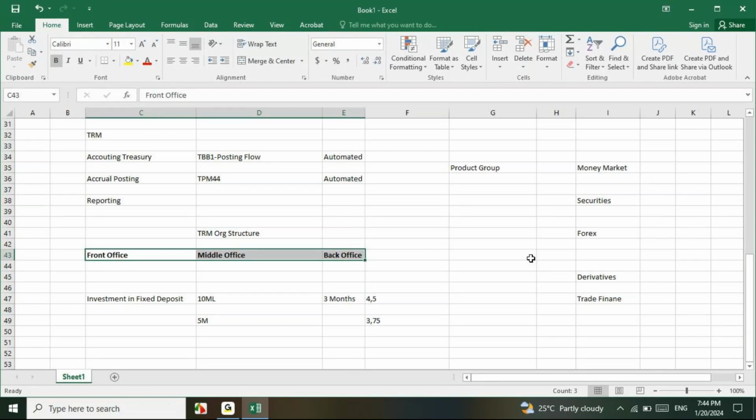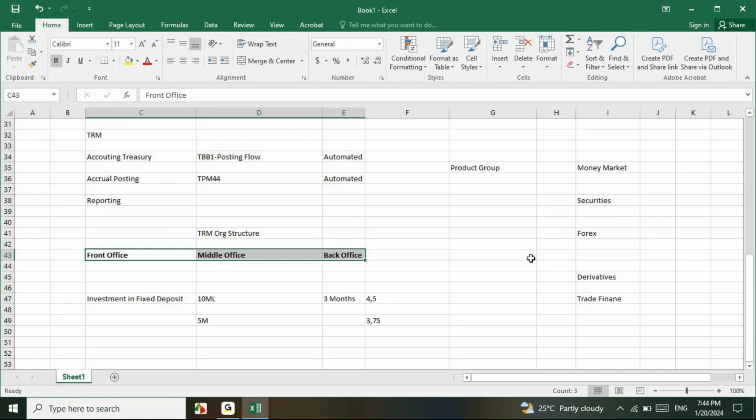Then they will submit the details along with your passport size photo, Aadhaar, PAN card copy, all the filled forms to the middle office team to further review whether something is missing or not. Let's say the middle office team finds, after reviewing, that one signature got missed out.